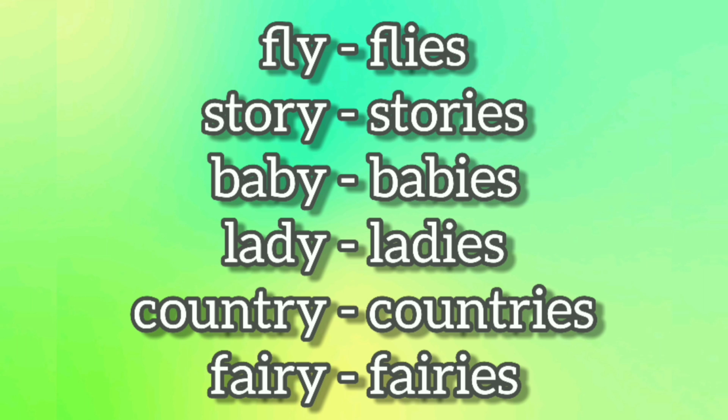It is T. Now, is it a vowel or a consonant? Yes, it is a consonant. So, Y changes into IES while forming the plural noun. Some more examples are fly, flies, story, stories, baby, babies, lady, ladies, country, countries, lorry, lorries, fairy, fairies.